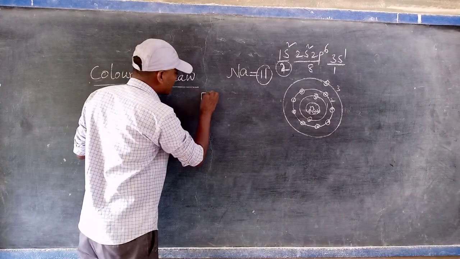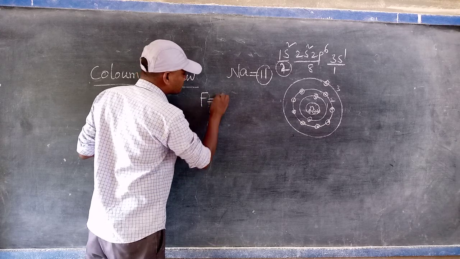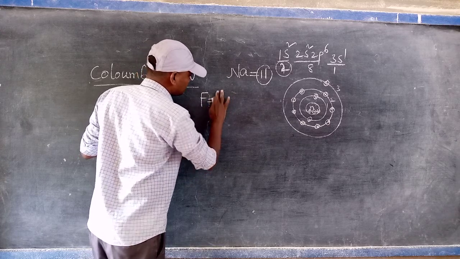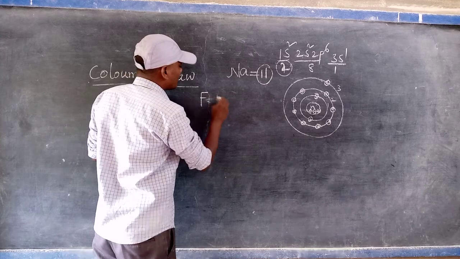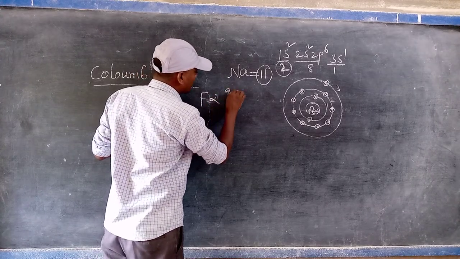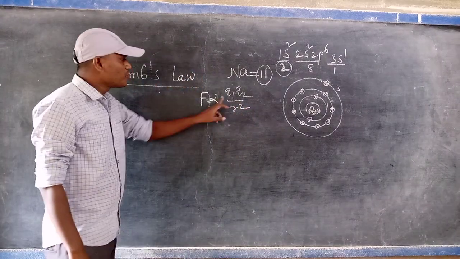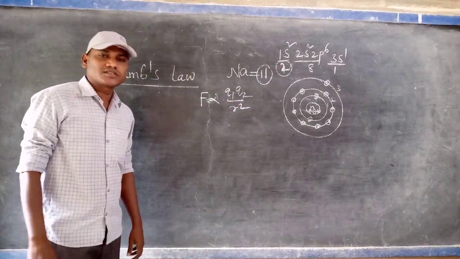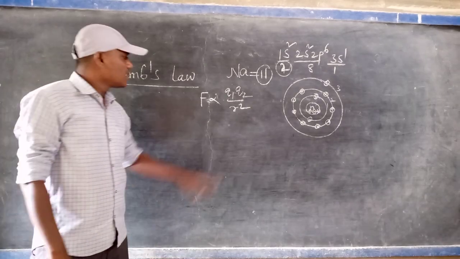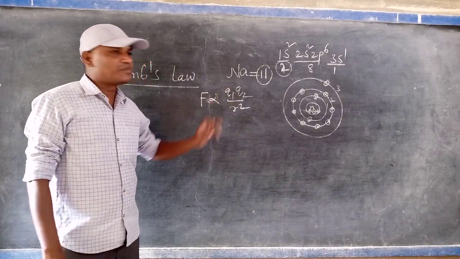Means F is directly proportional to Q1 Q2 upon R square. Q1 and Q2 are the charges of the two particles and R is the distance between them.